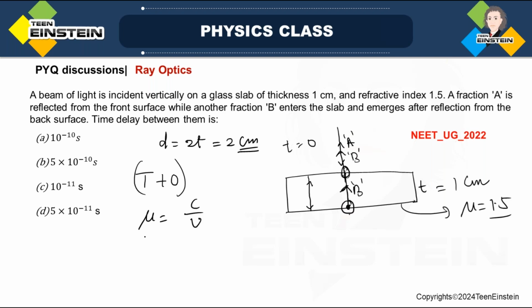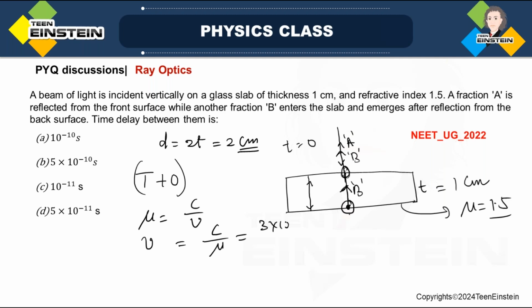So we know light inside a medium will be different than in vacuum, right? We know refractive index is equal to c by v. So what will be the speed of light in the medium? v is equal to c by mu. Let us find out that velocity.